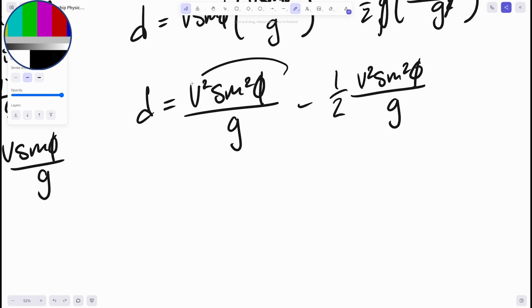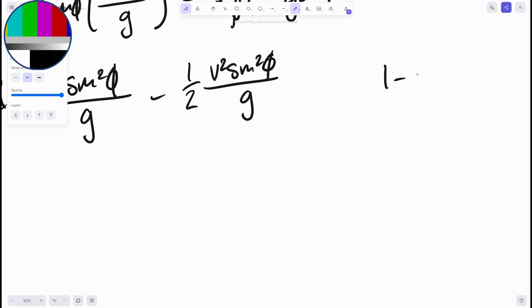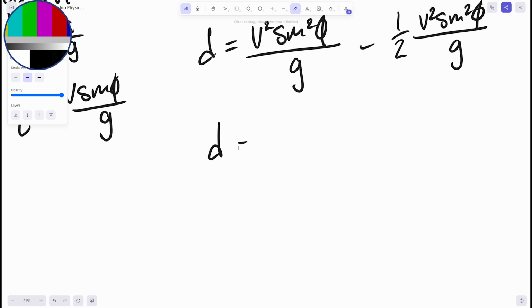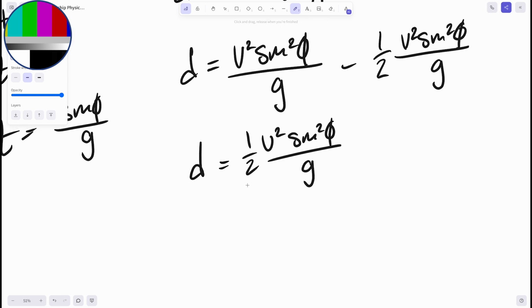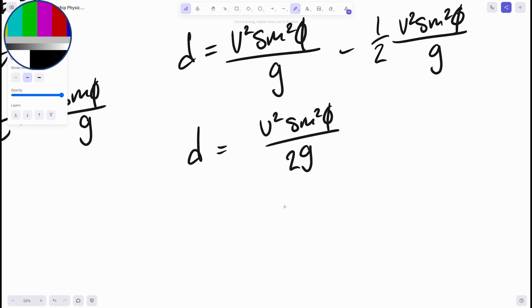As you can see, we have a whole minus a half. So if we have 1 minus 0.5, that's just going to equal 0.5. And so as you can see, this is going to equal half v squared sine squared phi all over g. Now we can simplify this to just be v squared sine squared phi all over 2g, right?